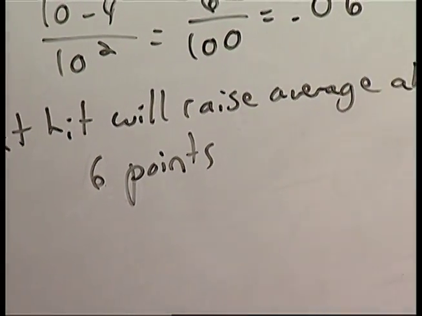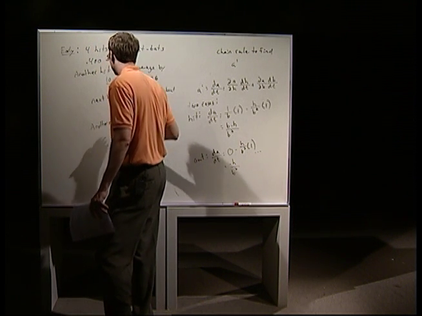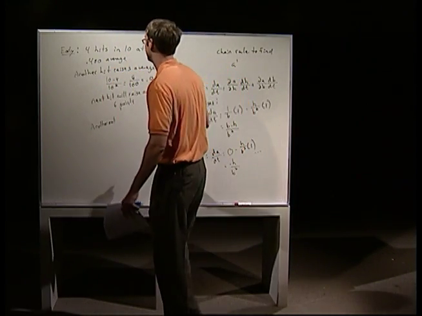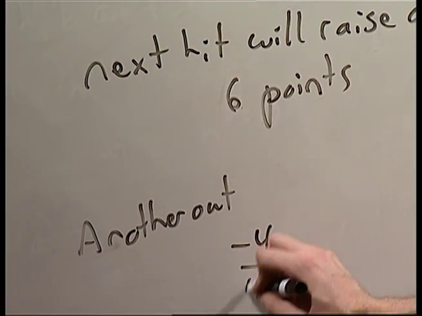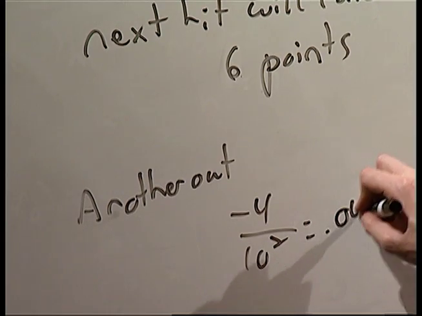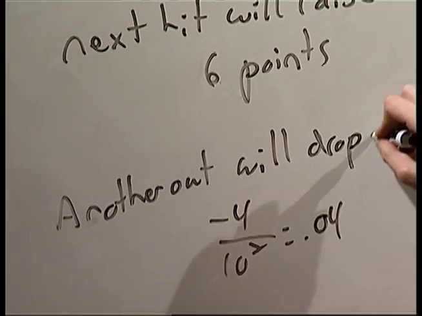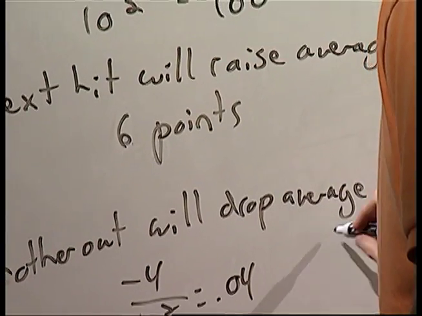Whereas if you get another out, now we've got minus H over B squared. So another out ends up being minus 4 over 10 squared, which is 0.04. Another out will drop the average about 4 points.